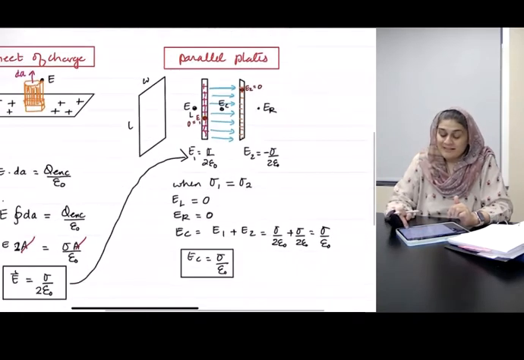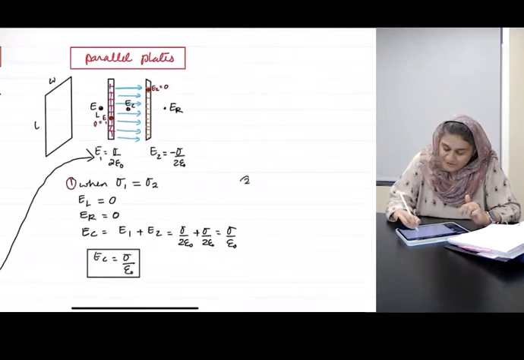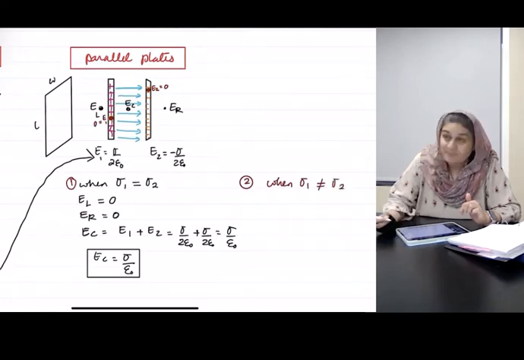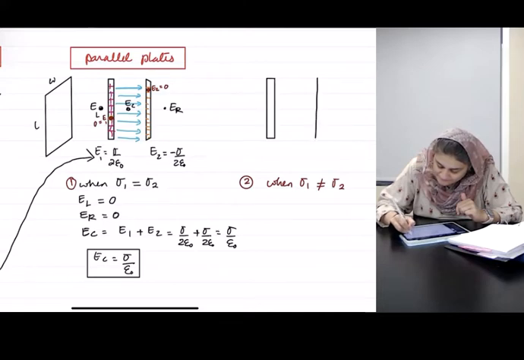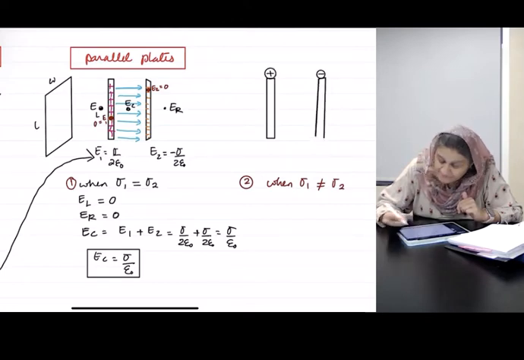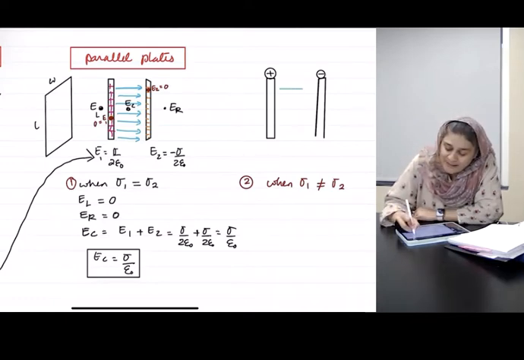So this was case 1. For case 2, when sigma 1 is not equal to sigma 2, how do these values change? In this case, imagine this is plus and this is minus. I'm going to draw the blue for plus. Plus is always giving out.